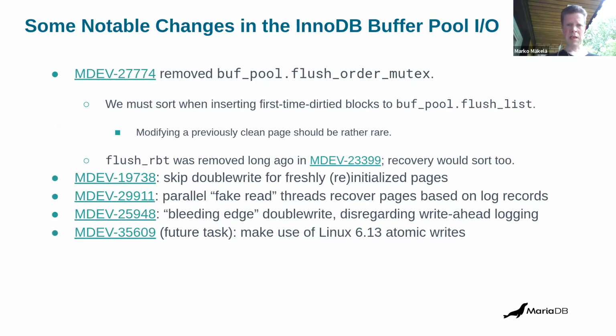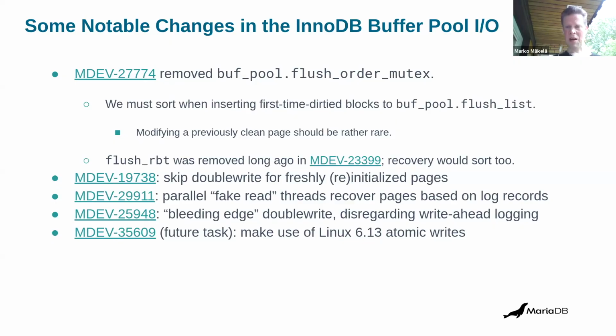There are some notable changes I would like to mention about the buffer pool. As part of getting rid of the locksys mutex and adding this more concurrency-friendly log file format, we also got rid of the flush order mutex. So this was a bottleneck for mini-transaction commits as well.